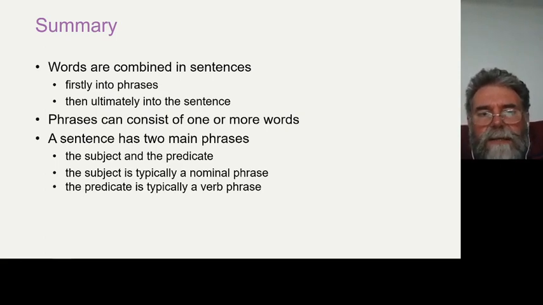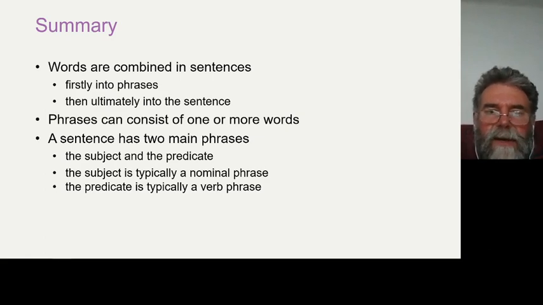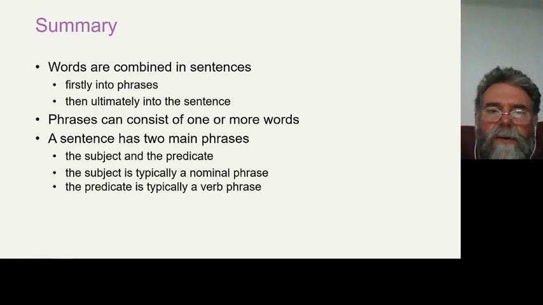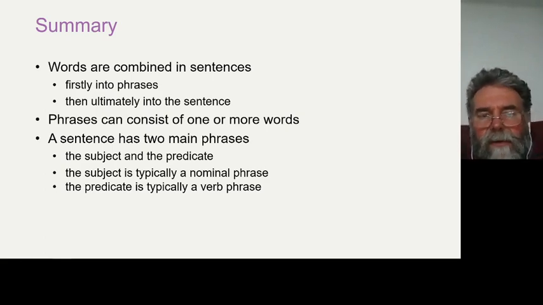Every sentence must have a subject and a predicate. The subject is typically a nominal phrase, so that's the kind of phrase where we find nouns and the kinds of things associated with nouns like determiners and adjectives. The predicate is typically a verbal phrase, so that's the kind of phrase where we find verbal related things like verbs and auxiliary verbs and adverbs, etc.